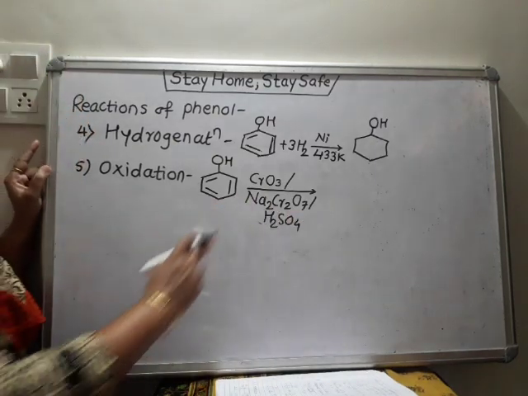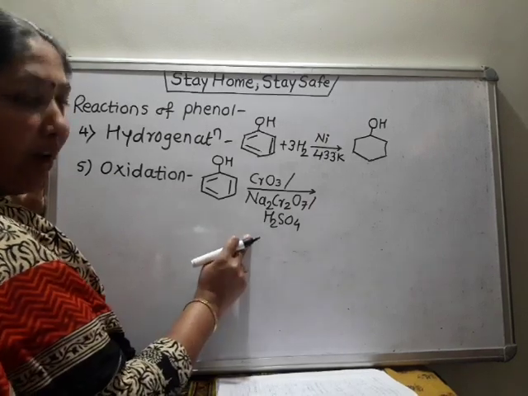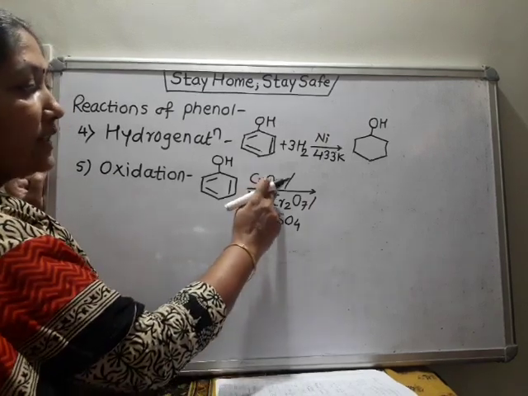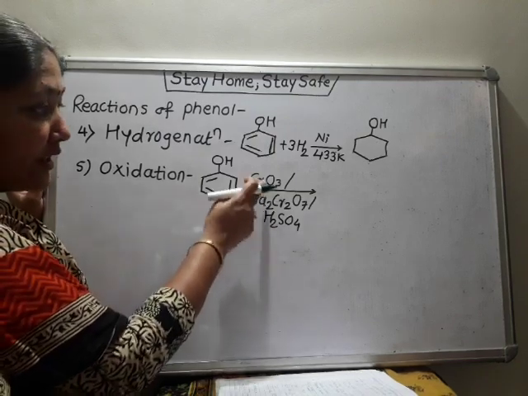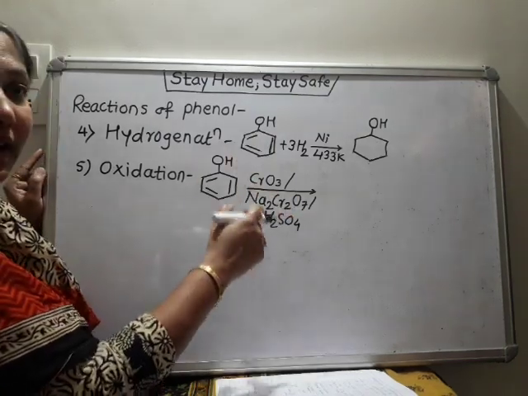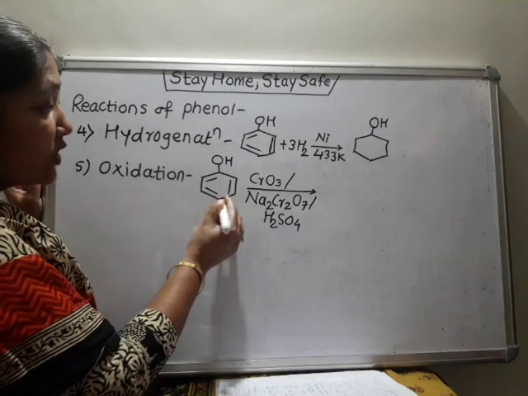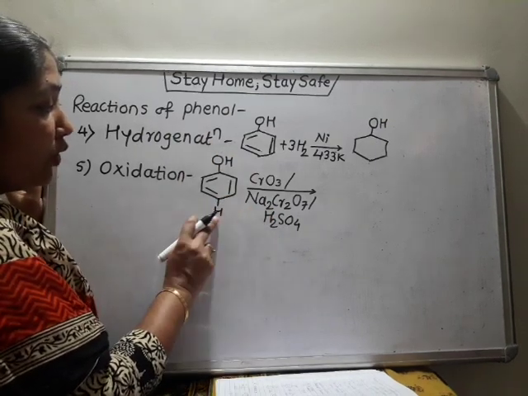So sodium dichromate, acidic sodium dichromate, or we can use chromic anhydride. So oxidation means these oxidizing agents are going to provide nascent oxygen and that oxygen goes to para position.